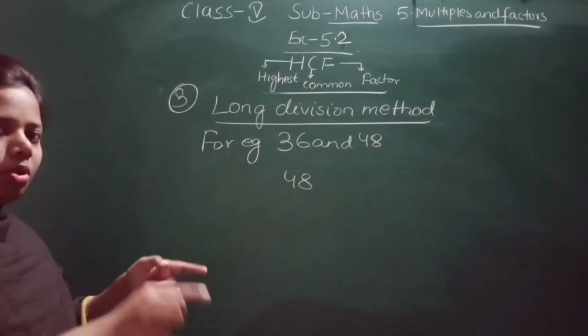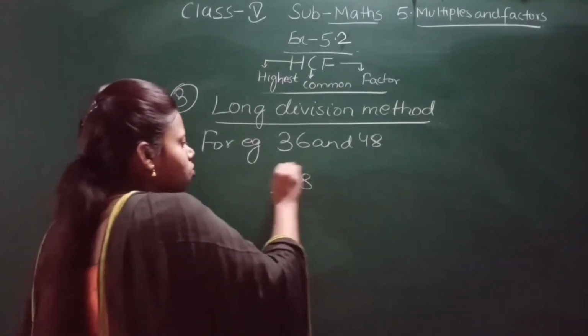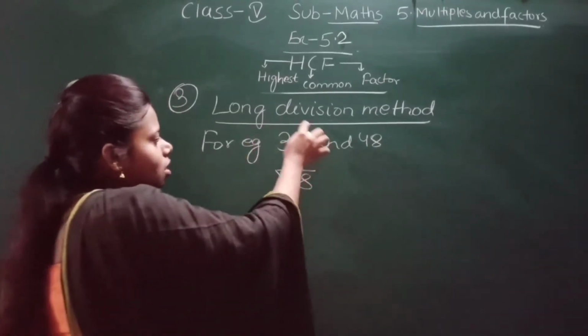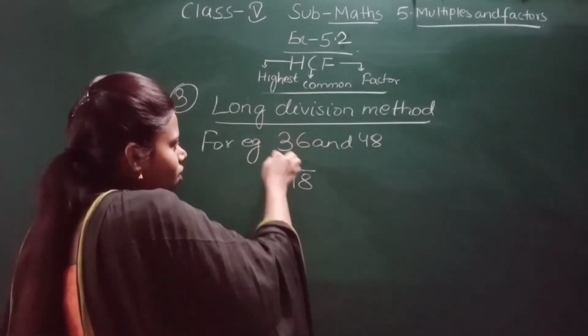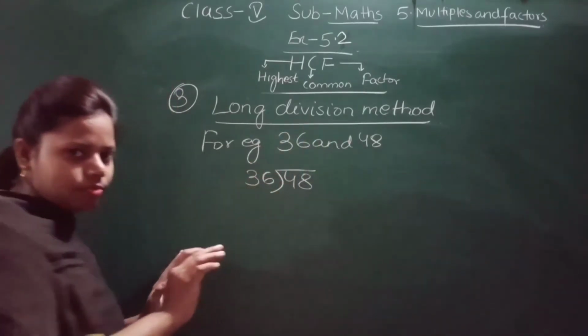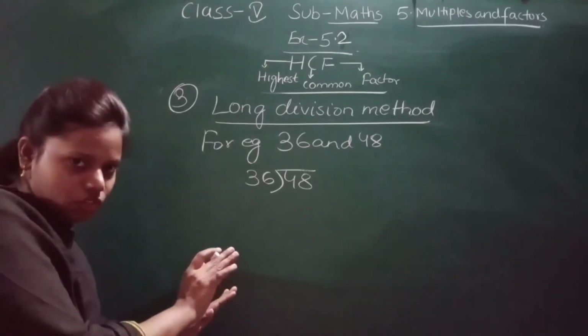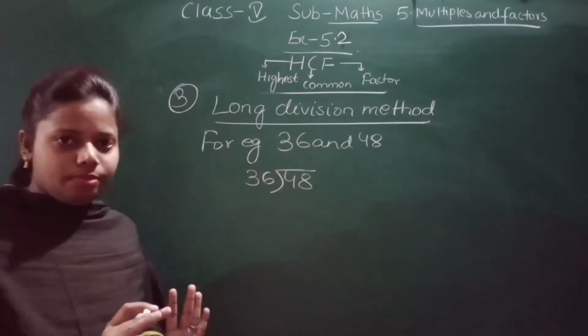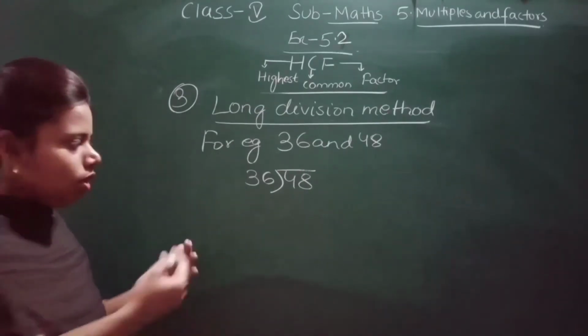The biggest one will be your dividend, and the dividend is always inside. The divisor is the one by which we are dividing, so our divisor will be 36. I hope you have understood this much: your dividend will be inside and it is the biggest among the numbers given.